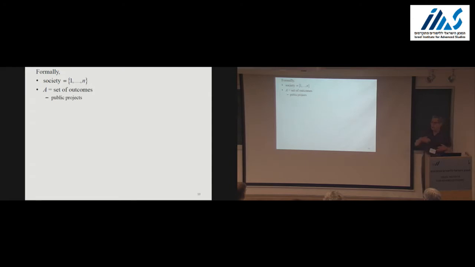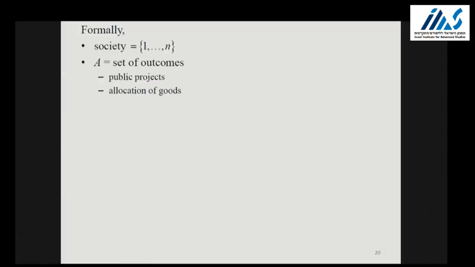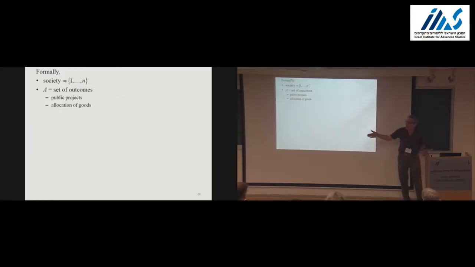So if we were talking about public projects, set A would consist of all of the public projects that we could undertake, including no project. If we're talking about private good allocation, the different possible allocations of goods across buyers would be the outcomes.